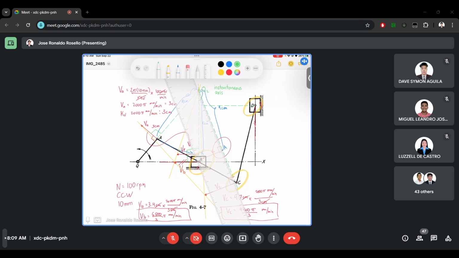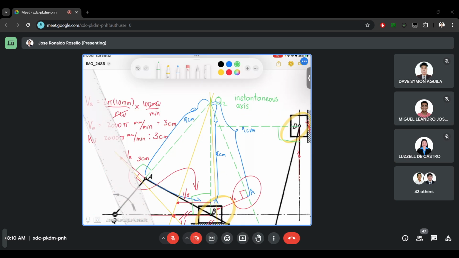If we trace the perpendicular line, it will intersect with the perpendicular line from the vector of D. And their intersection, we can label as the new instantaneous axis, which we can call Q3.